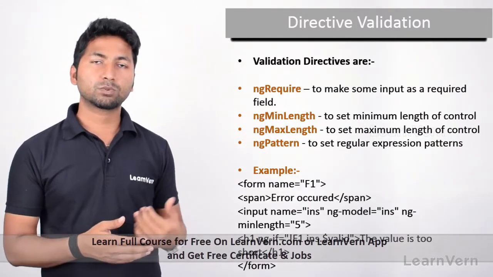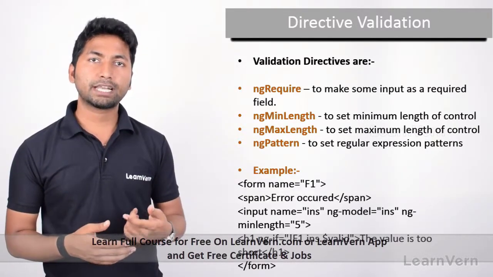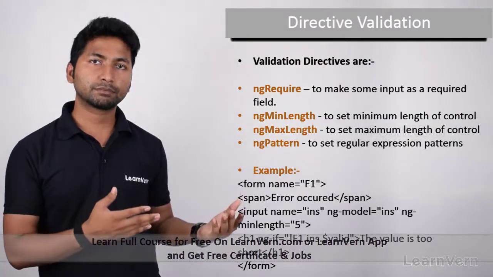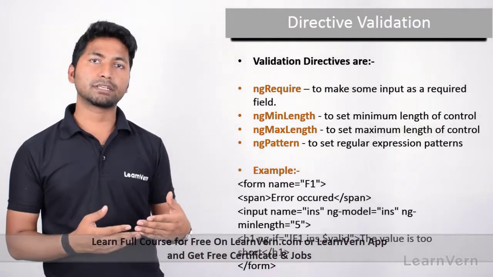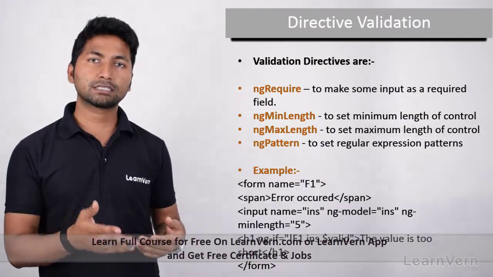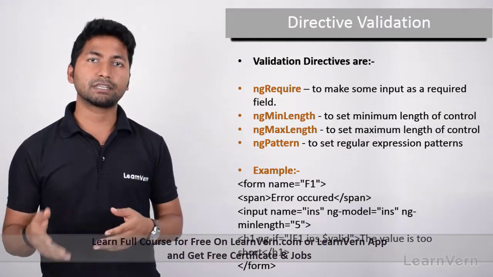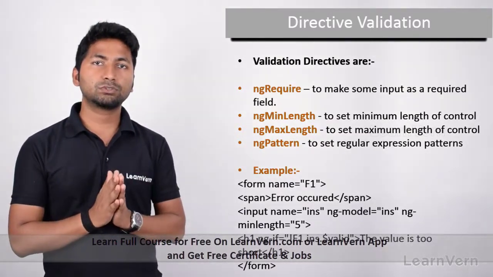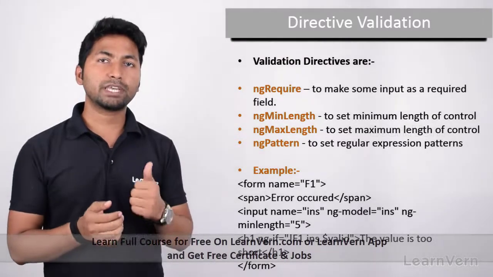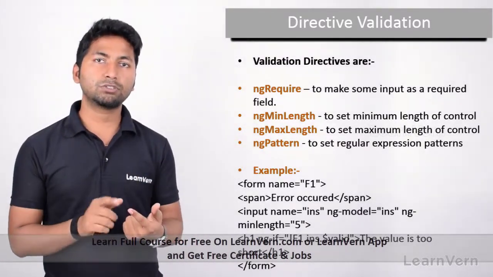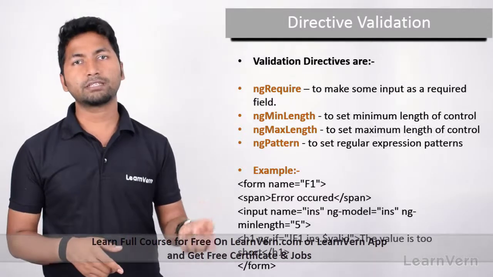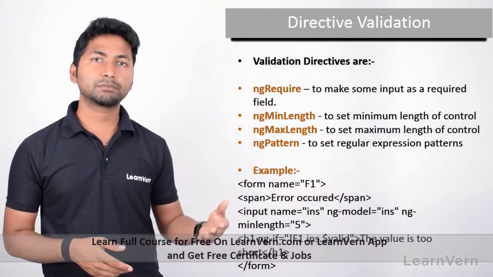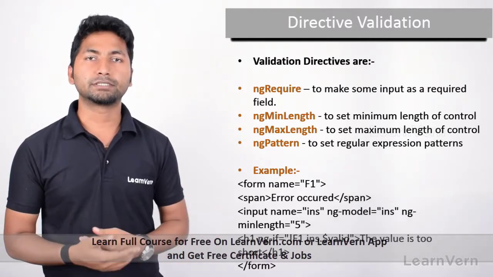Okay, so the first, what I said, input and form states. In that case we have our form with the name of the form, then inside the form we have an element like input type equal to text, name equal to xyz, and ng-model equal to xyz. What you have to keep in mind is that your name and your ng-model values should be the same, then only can you fire the validation on your input element and on your form element.